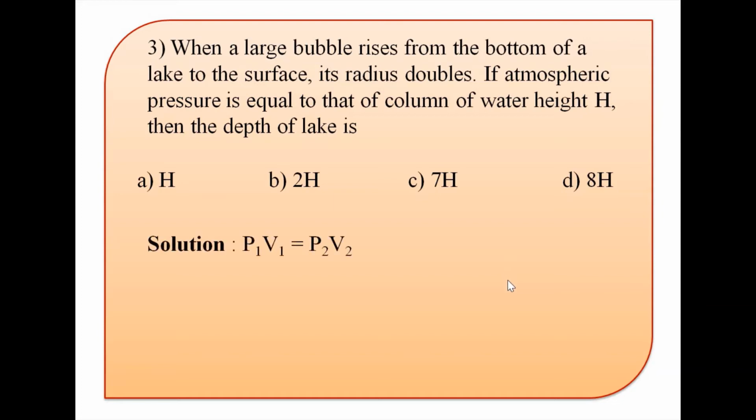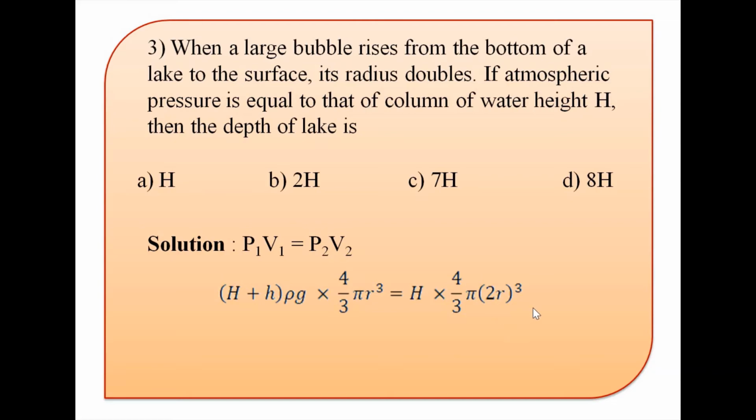As we know the condition P1 V1 is equal to P2 V2. Putting the values of the given condition, we write the equation in the new format. P1, that means pressure, is capital H plus small h into rho into small g, with volume 4 by 3 pi r cube, is equal to P2, that means capital H as it is, and V2, that means 4 by 3 pi into bracket 2r bracket cube.